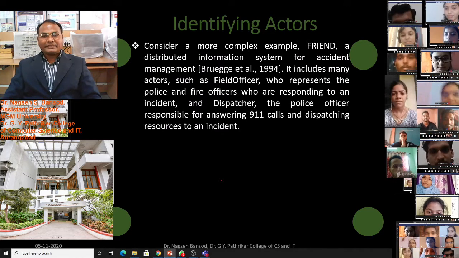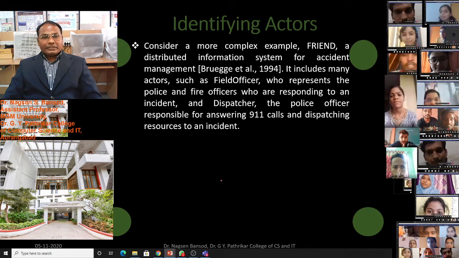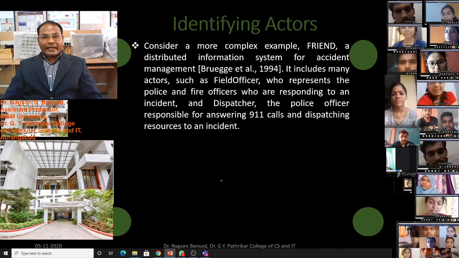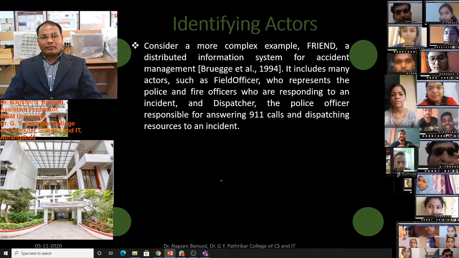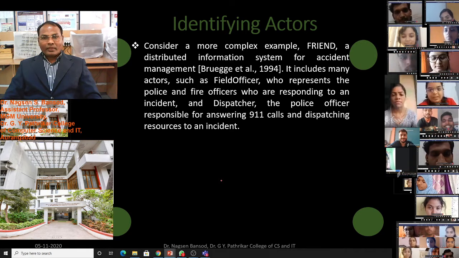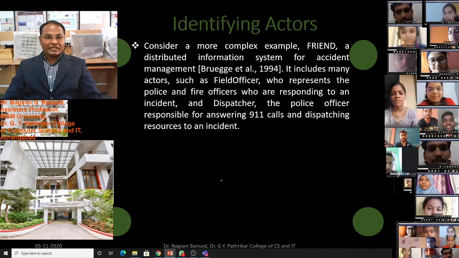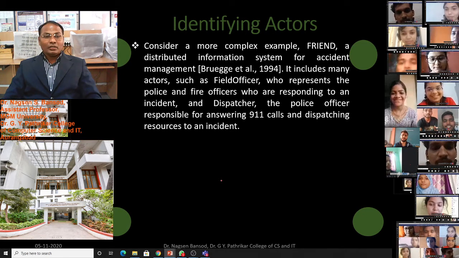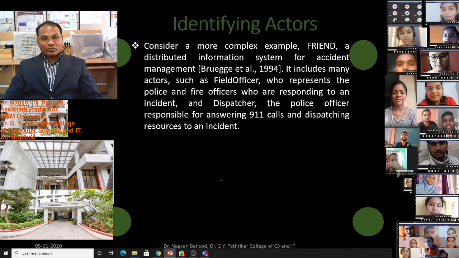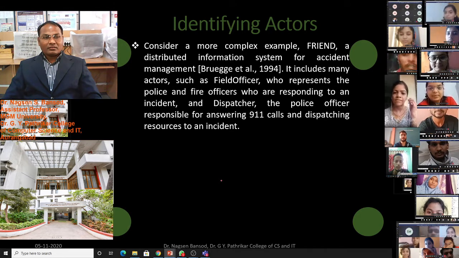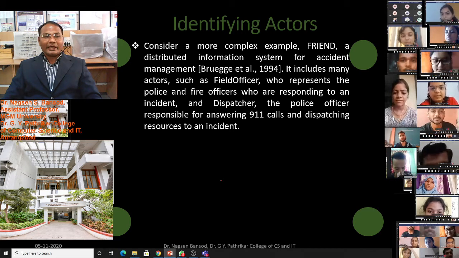Consider a more complex example, FRIEND, a distributed information system for accident management, which is given in Bruegge's book in 1994. It includes many actors such as the field officer, who represents the police and fire officers responding to an incident, and the dispatcher, the police officer responsible for answering 911 calls and dispatching resources to an incident.